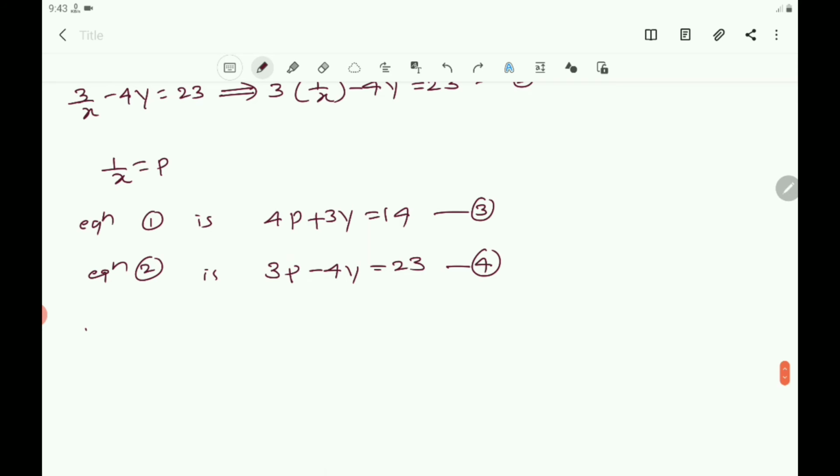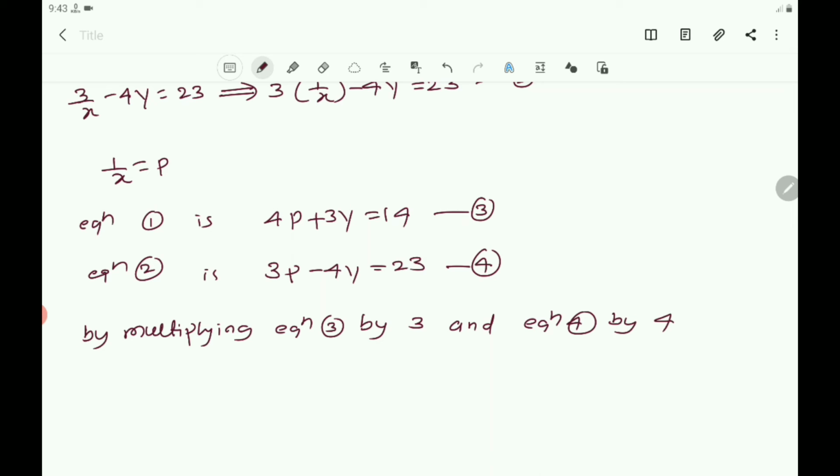Now multiply equation 3 by 3 and equation 4 by 4.